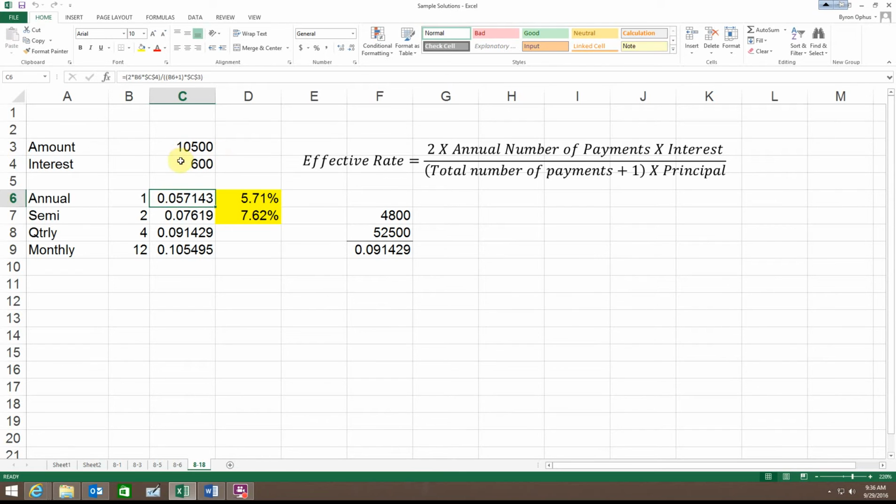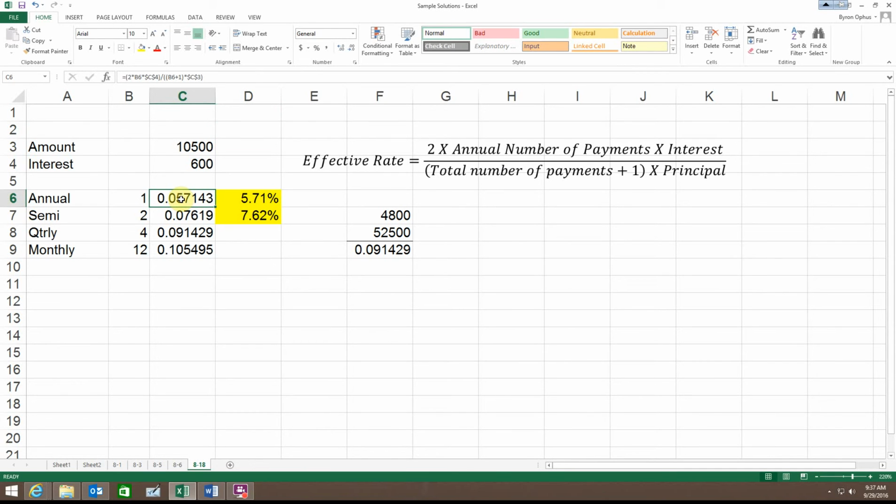In this case, I know that if I'm just making one payment, the effective rate is going to be equal to my interest divided by my principal. So you can see I've come up with the same answer there, and so I know it, but if I plug it in, it's a nice check, and then I'll know if my other ones are probably pretty close.